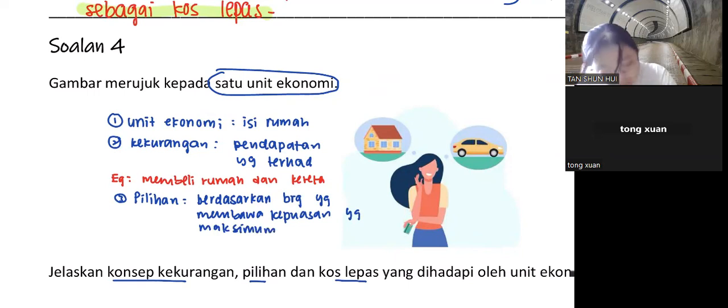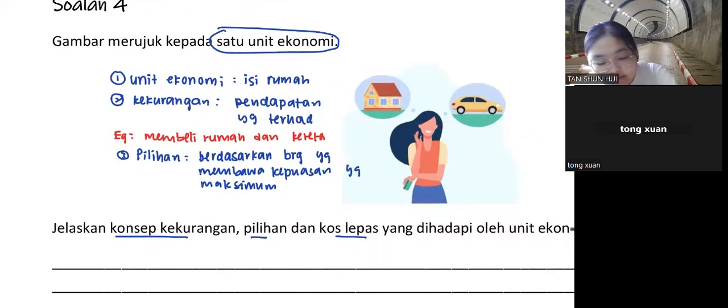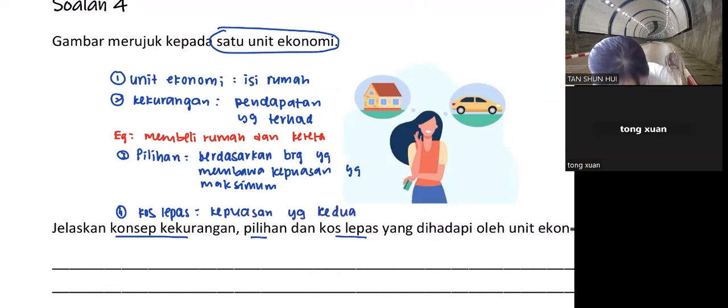Of course, you can also say berdasarkan kepuasan yang maksimum, also can. Now, when we membuat pilihan already, then we will have kos lepas. What is kos lepas? This is isi rumah, right? Kepuasan yang kedua terbaik. Same. If this is a 5 marks question, plug in your example.